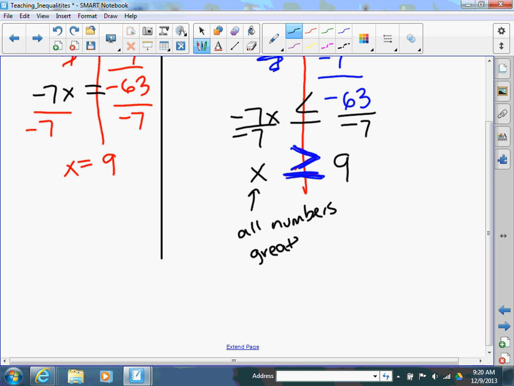Greater than or equal to 9. All numbers greater than or equal to 9 work. Give me some numbers that would work for this solution. 10, 11, 12. Would 9 work? Yes. 13, 14, 15. Okay, good.